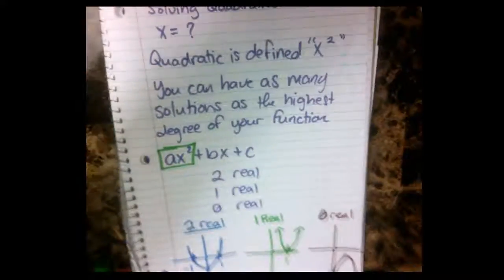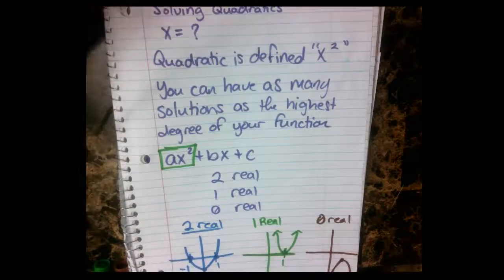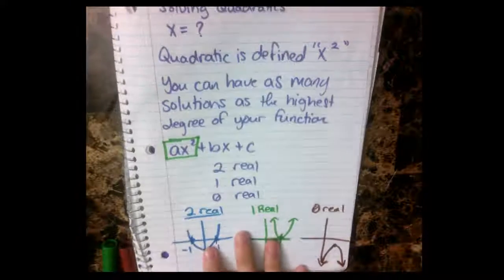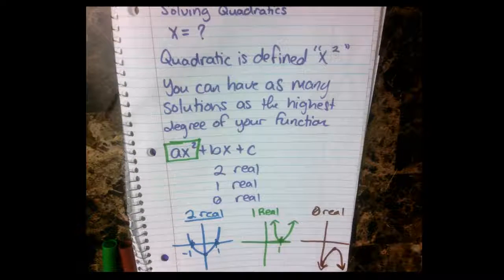Let me go ahead and raise that up and get it all on one screen. There you go. So solving quadratics just by using graphing. For those of you that use a graphing calculator or are allowed to use one, this is the ideal time to use it.